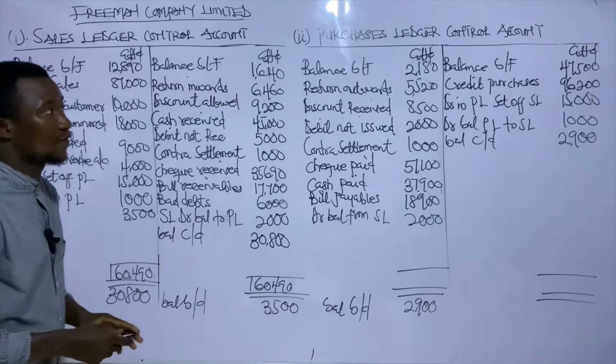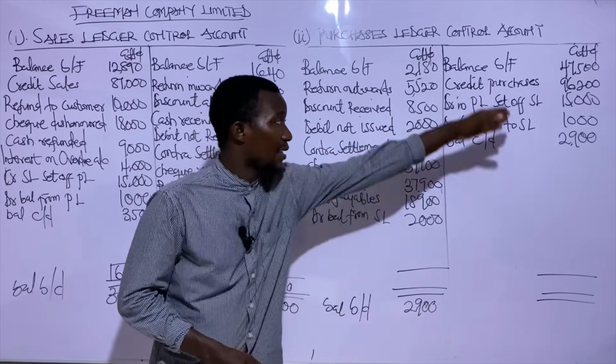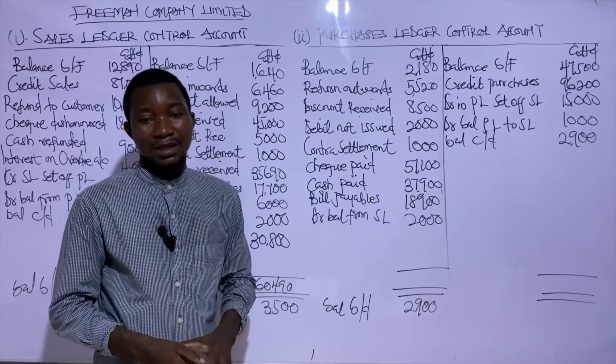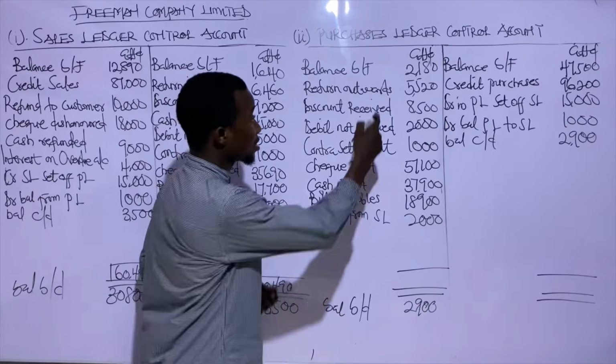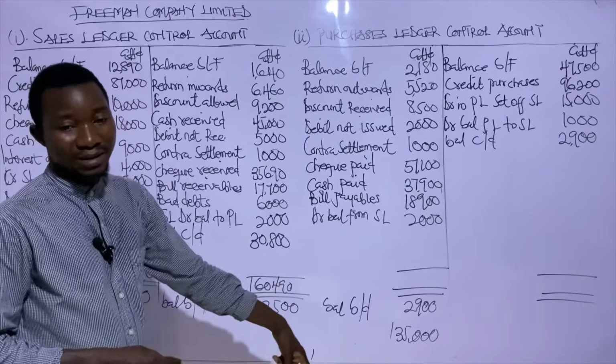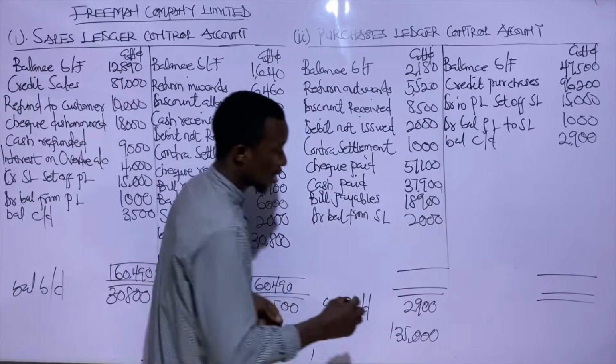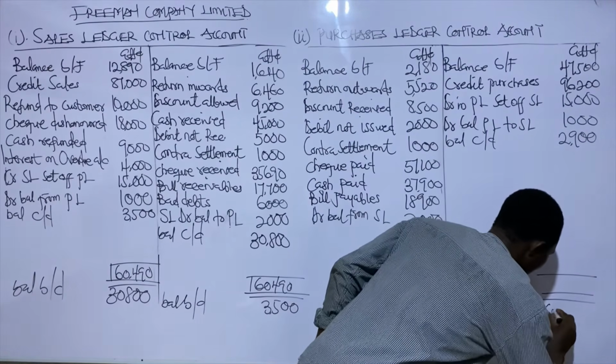Let's balance off the purchases ledger. Let's add this and get a total, and add the credits and get a total. Is this clear? The debits will give us 135,000. Then the credit side will be 162,600.